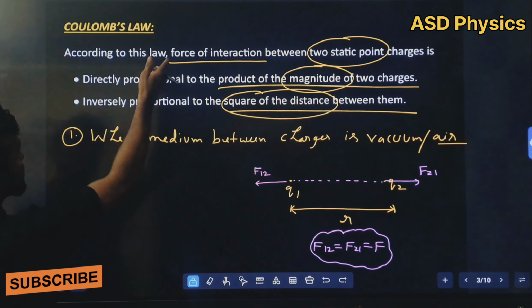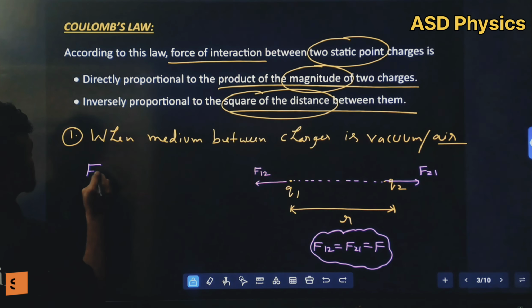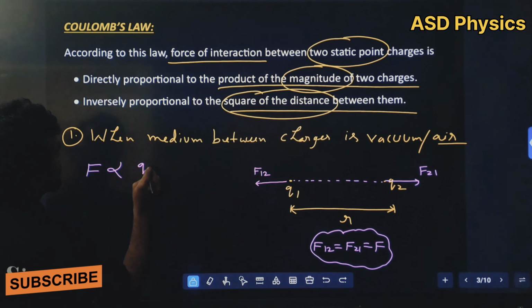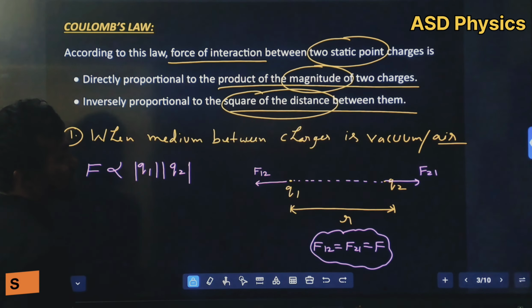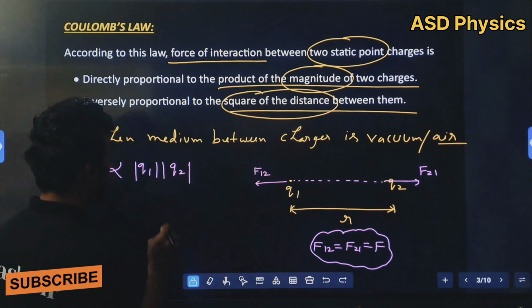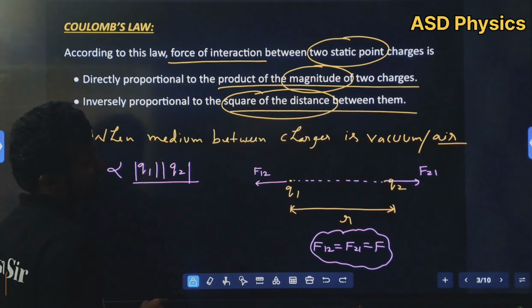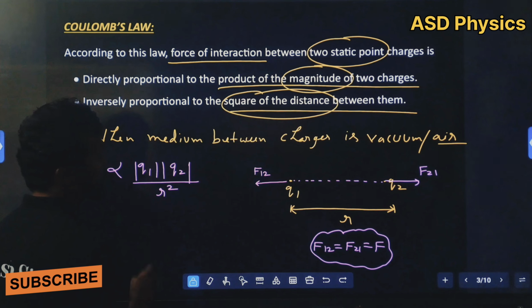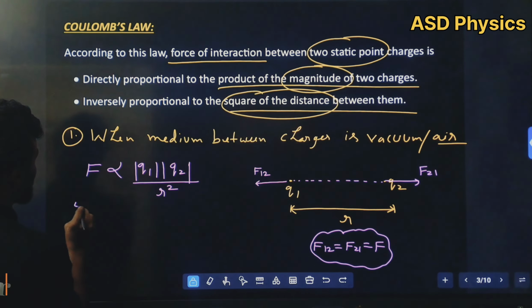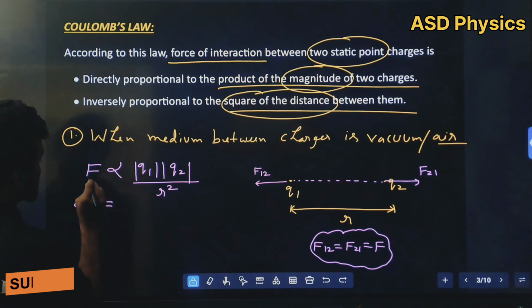According to the definition, this force is directly proportional to the product of the magnitudes of the charges, that's why I'm writing mod Q1 mod Q2, and inversely proportional to the square of the distance, that means r square. If we remove the proportional sign, what will come here? We are seeing this in a vacuum.